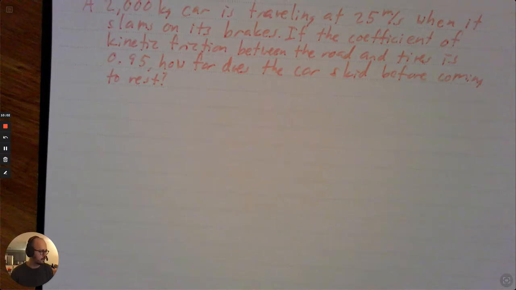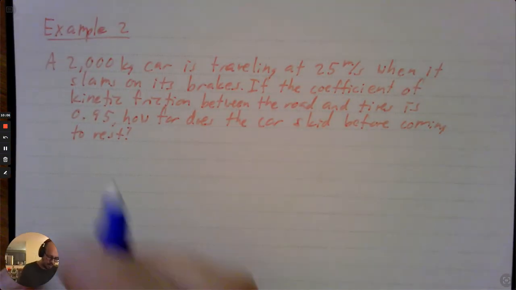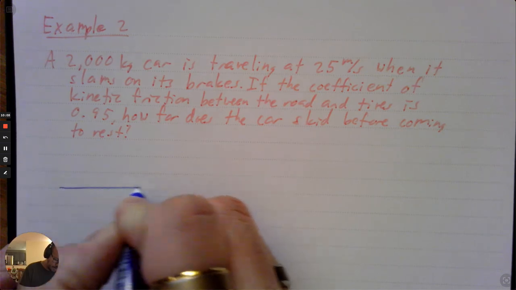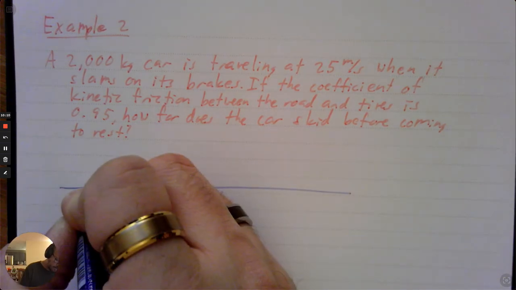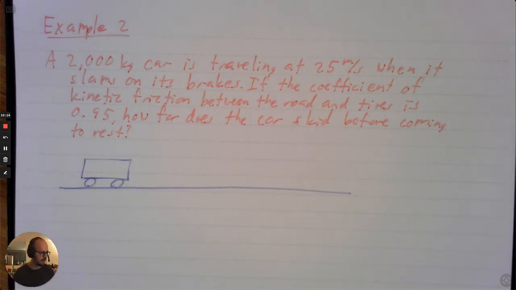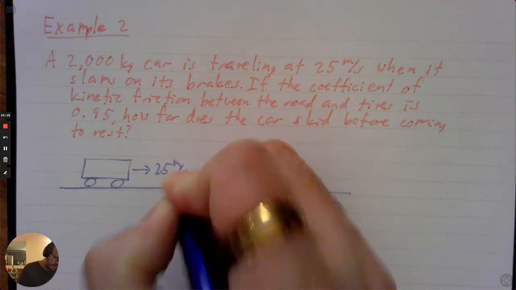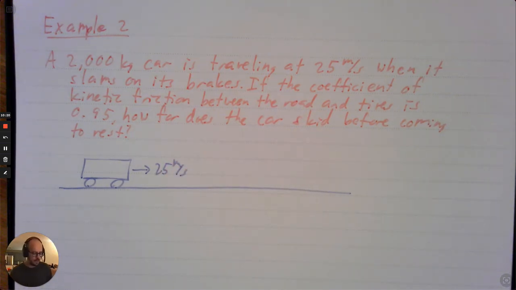Next problem gets into, as I kind of alluded to, the nuts and bolts of friction. So we have a car problem. And again, if you want to try this on your own, you're welcome to. But I'm going to draw a very simple car, and that car is moving at 25 meters per second. It's slamming on its brakes at some moment.